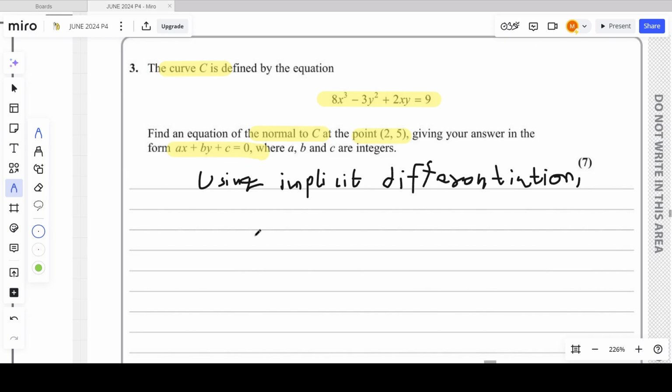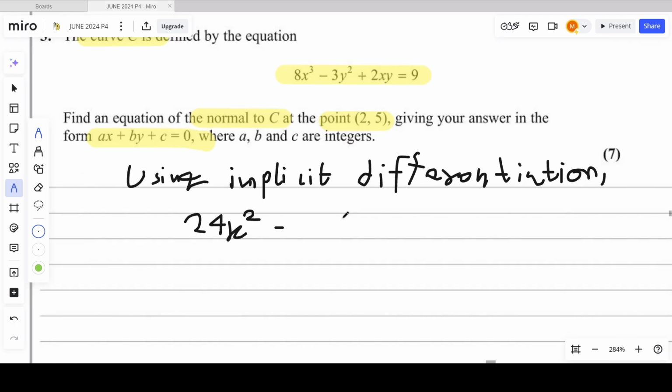The derivative of 8x cubed is what? 24x squared, right? Look, the power of x is 3, so 3 times 8 is 24, and in differentiation we subtract 1 from the power, so it is 24x squared, then negative.